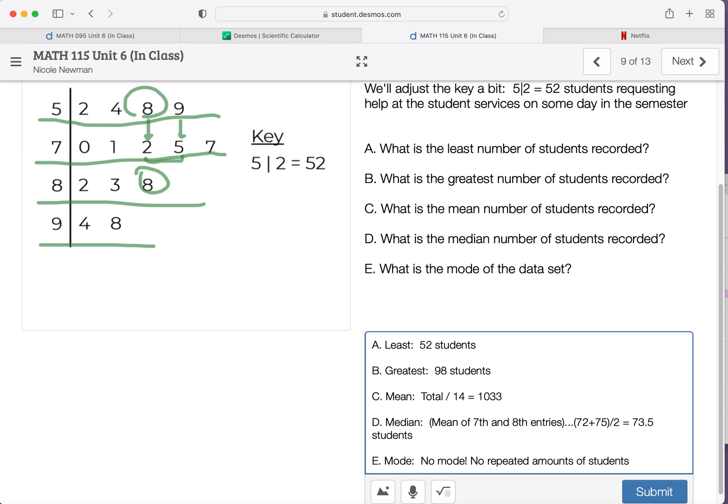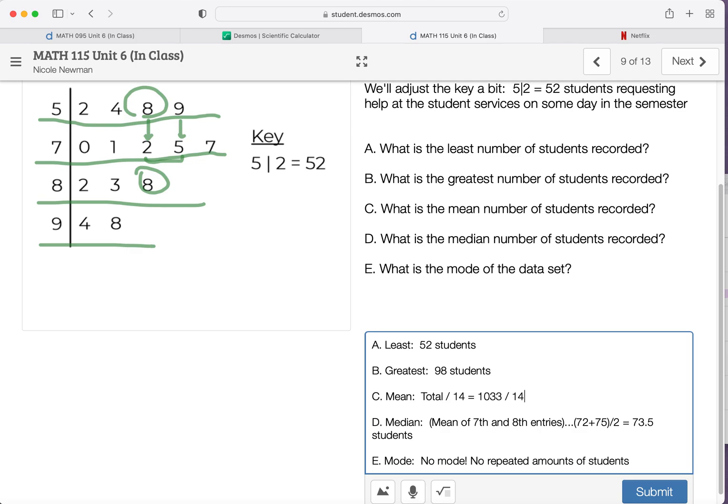And I need to divide that by 14. And so my answer here ended up being 73.7857-ish. Let me round it to the nearest tenth.